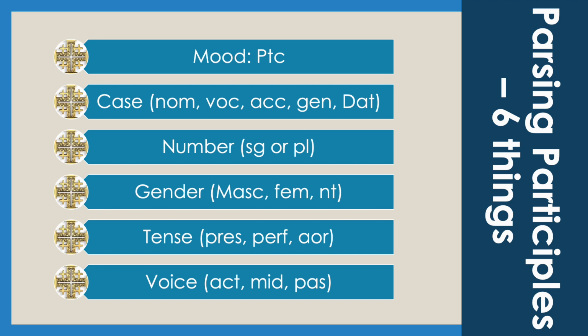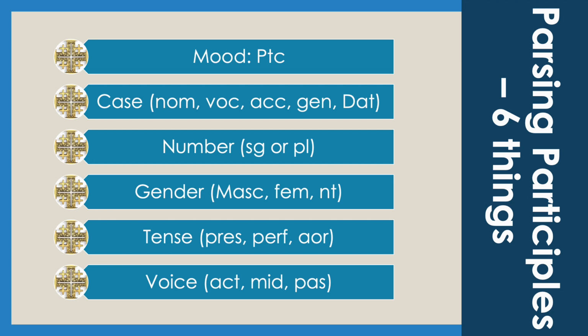The tense, which includes present, perfect and aorist. There's no examples of future participles in the New Testament, and I think there's hardly any imperfect ones. And then there's also the voice as well, whether it's active, middle or passive.